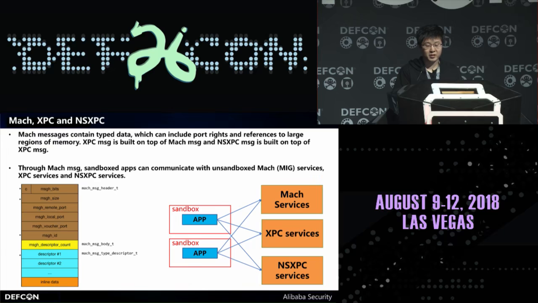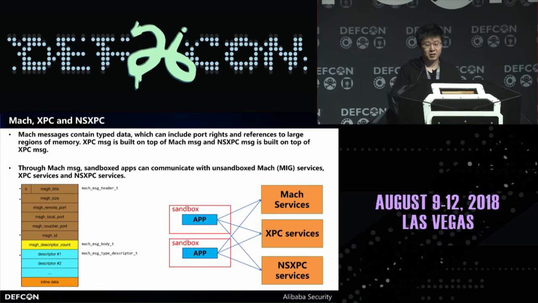Based on Mach message, Apple developed XPC. Compared with raw Mach message, XPC is safer and easier to use. But the cost of XPC service maintaining is very high. NSXPC message is built on top of XPC message, which allows abstraction of XPC connections and remote objects.